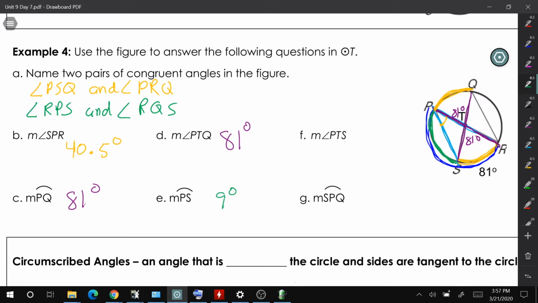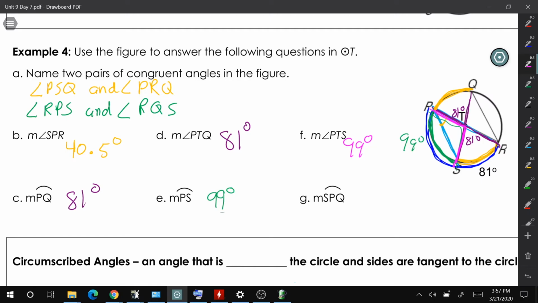Alright, then F, the measure of PTS. Oops, I didn't get 90, or is it 99 degrees? Okay, so then F, the measure of PTS. Well, if we know that this arc measure is 99 degrees, then the measure of this central angle is also 99 degrees.